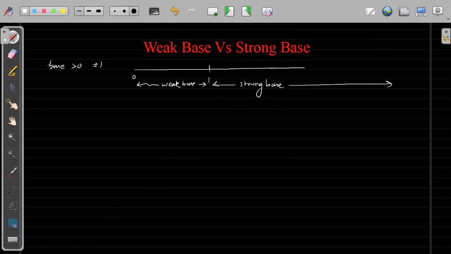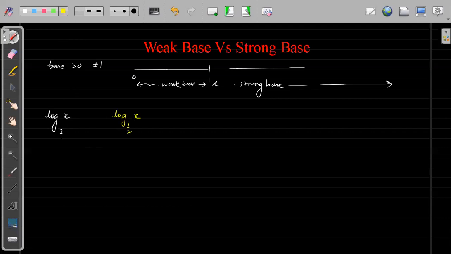Weak base and strong base we will only be able to see when we plot them in a graph. We will see the difference between them on the basis of the graph only. So suppose I'm taking log base 2 x, and then log base 1 by 2 of x.